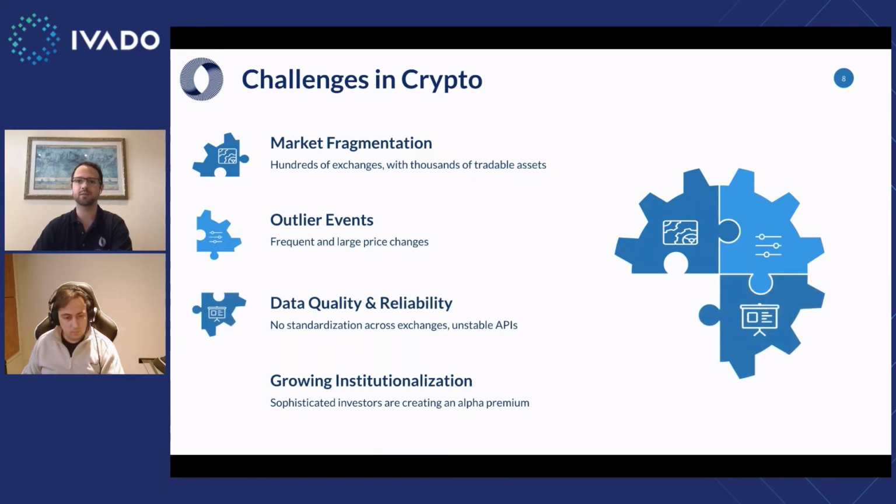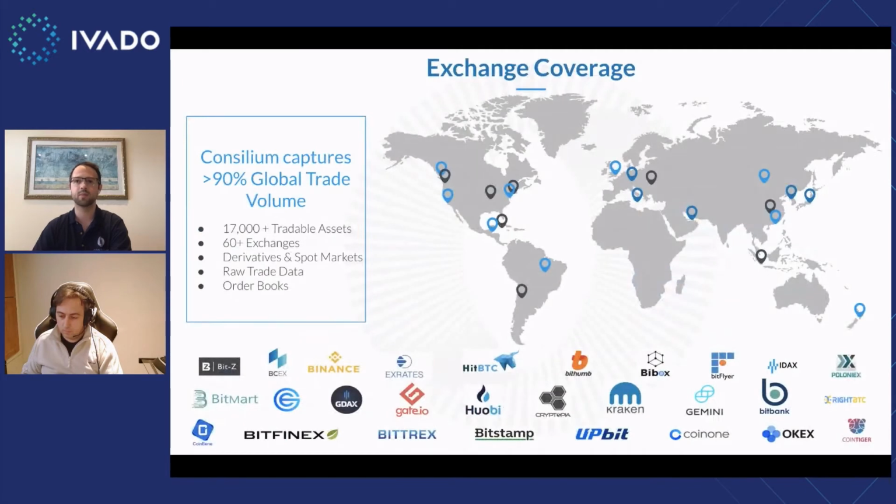These are 24/7 markets, with most exchanges operating using third-party software running in the cloud. Outages, connection issues, and unstable APIs are still common today. Even Coinbase crashes when prices spike. Finally, the growing institutionalization of crypto brings more competition for traders and ultimately leads to a technology arms race in the markets. Keep in mind, crypto is a global market with exchanges in countries all over the world. These are just a few examples of the exchanges we cover.